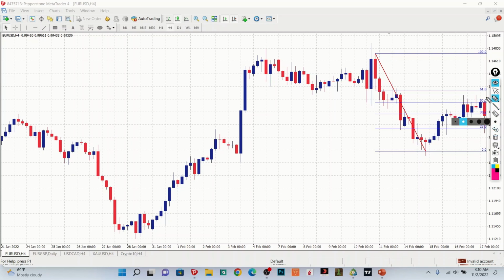You can see this is the 50.0 Fibonacci level. So we expect the price to create a new swing low, following this fashion. It has formed our first swing low and a swing high right here. So we expect a new swing low which is lower than the previous.